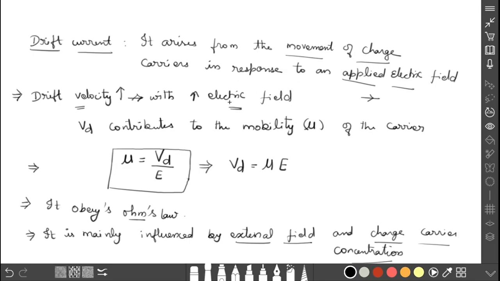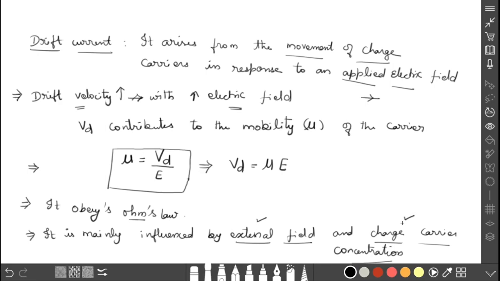When we increase the electric field, the drift velocity also increases, and this contributes to the mobility of the carrier. Mobility is Vd by E, and Vd is equal to mu into E. The drift current obeys Ohm's law and is mainly influenced by two things: the external electric field and the charge carrier concentration.